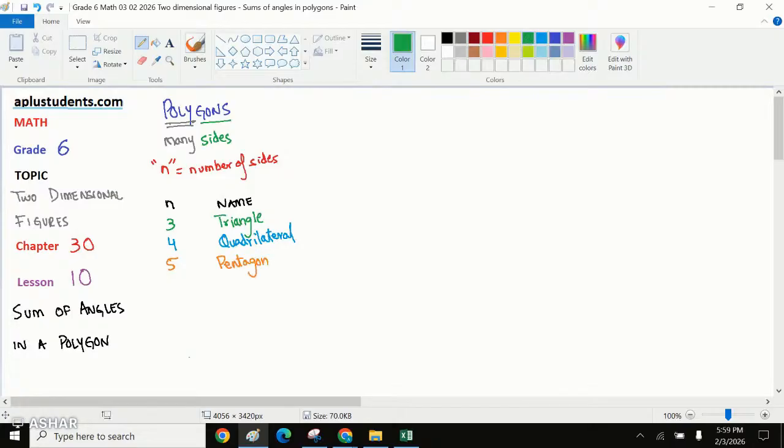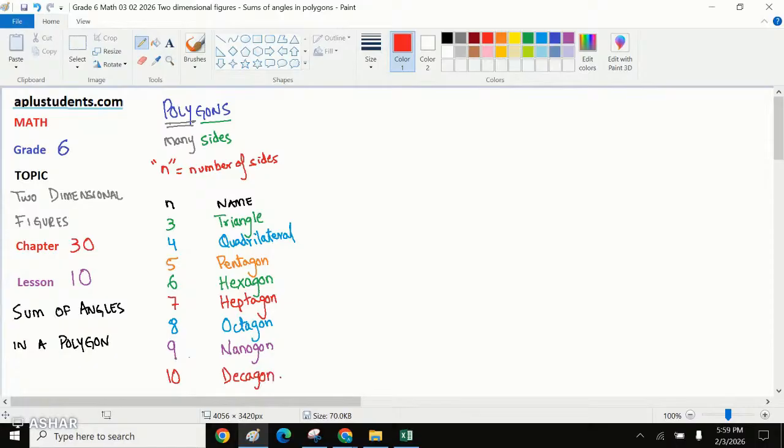And if there are 6 sides, we just need to remember till 10. 6 sides would be hexagon. 7 sides is heptagon. 8 sides would be octa, therefore we say octagon. 9 sides would be nonagon. And 10 sides is always called decagon.